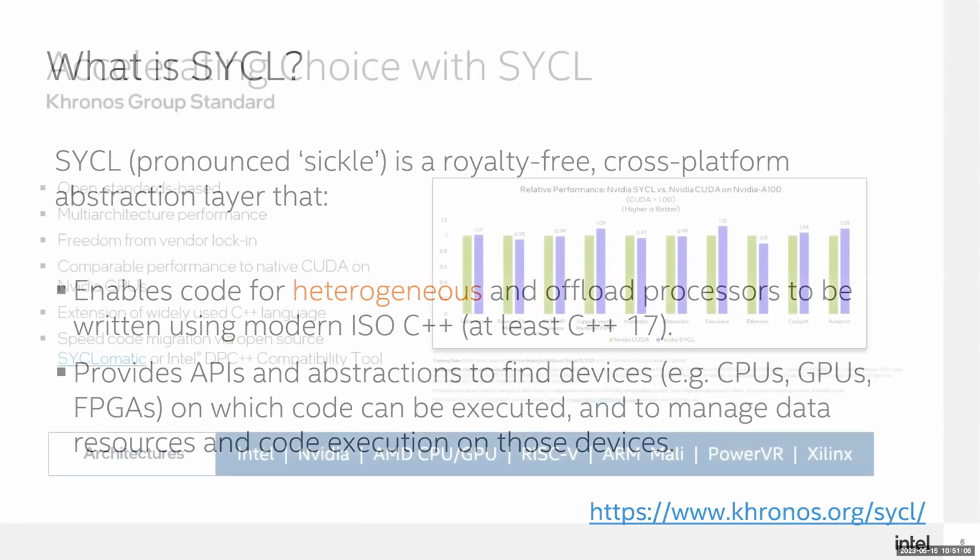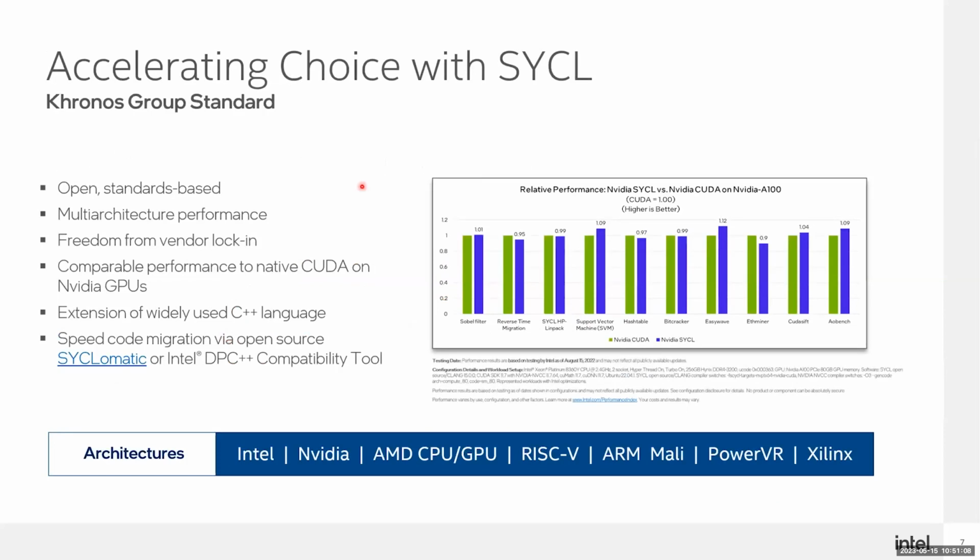Let's look at why SYCL is a good choice for accelerating your code, mainly because it's an open standard. It supports multi-architecture, right? So it supports CPU, GPU, FPGAs, or any other architecture. It gives you freedom from vendor lock-in. What this means is that if you've written code for a GPU, that code will run regardless of which GPU you're using.